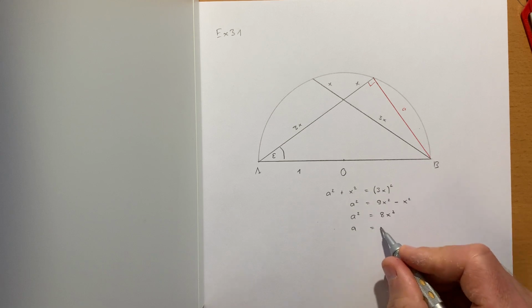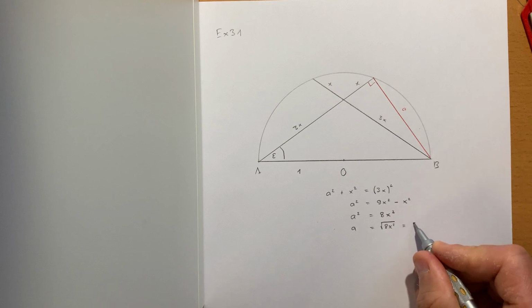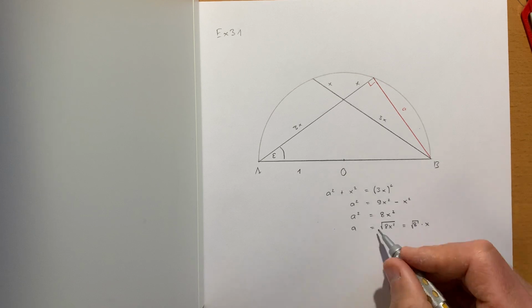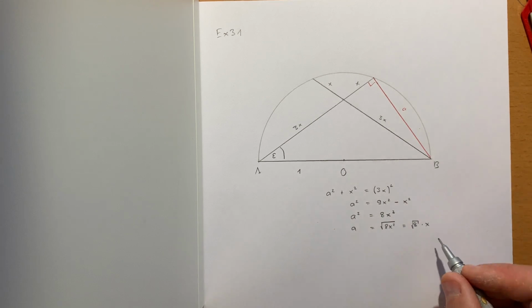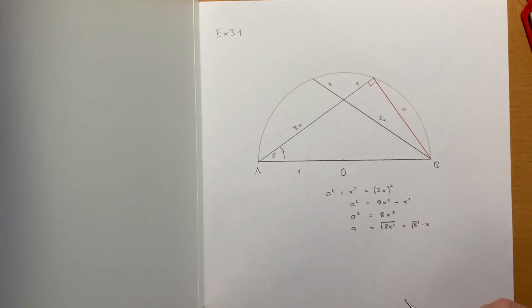So it's the square root of 8x squared, which is the square root of 8 times x. Well, you could have a plus minus here in an equation, but because it's geometry, it has to be positive. Okay, so it's the square root of 8 times x. And you'll see how that helps later on.